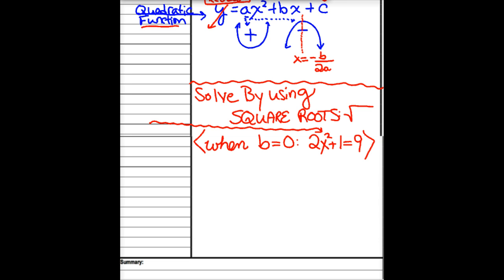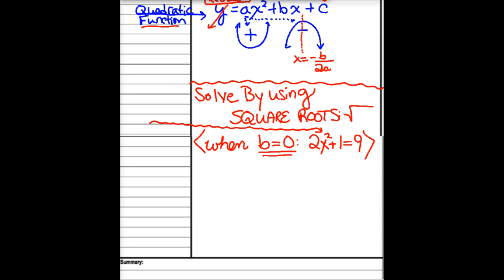However, whenever you're doing algebra and you're trying to solve for x, you always do what's called the opposite or inverse operation. So when b is equal to 0, notice there's no x term in here. It's ax squared plus c. There's no x term in there. And when that is the case, they're kind of easy to solve because we can just attack it with pure algebra.